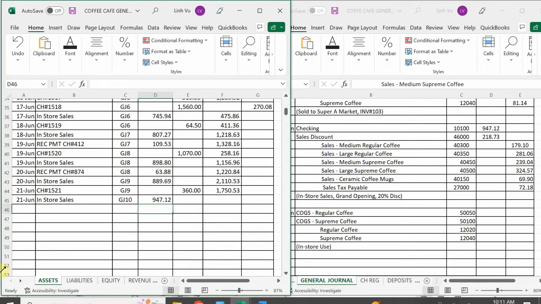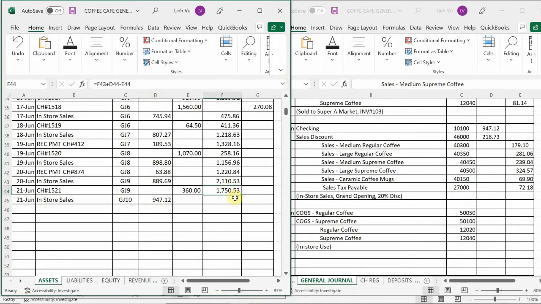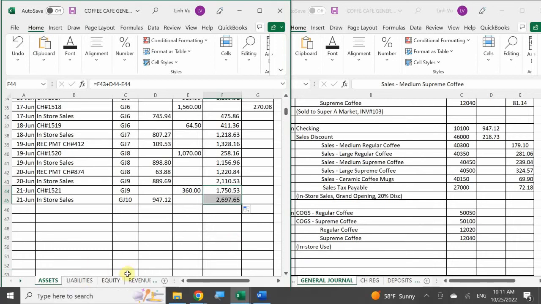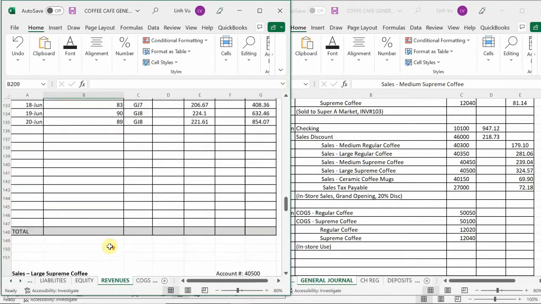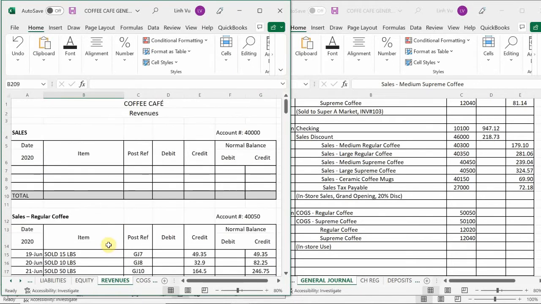So how much money should I have in my checking account? $2,697.65. Good. Okay. Now I need to update my revenues. Which account am I going to start with first? The medium regular.